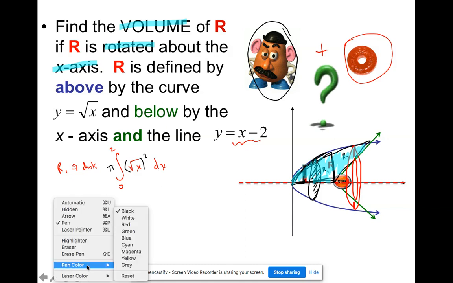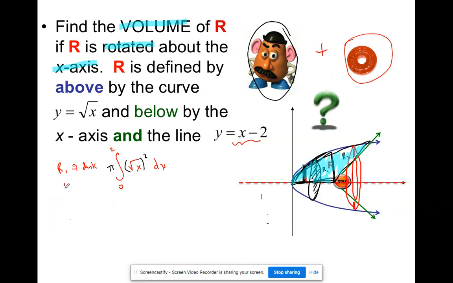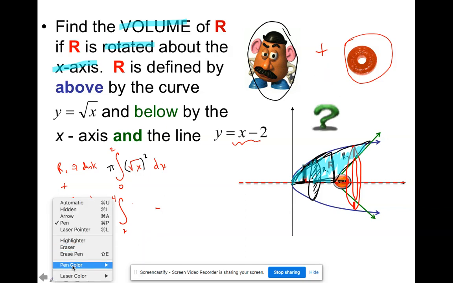And then I'm going to add R2, which is the washer or the lifesaver. So I need to go from 2 to 4 of big radius. Where does my big radius come from?